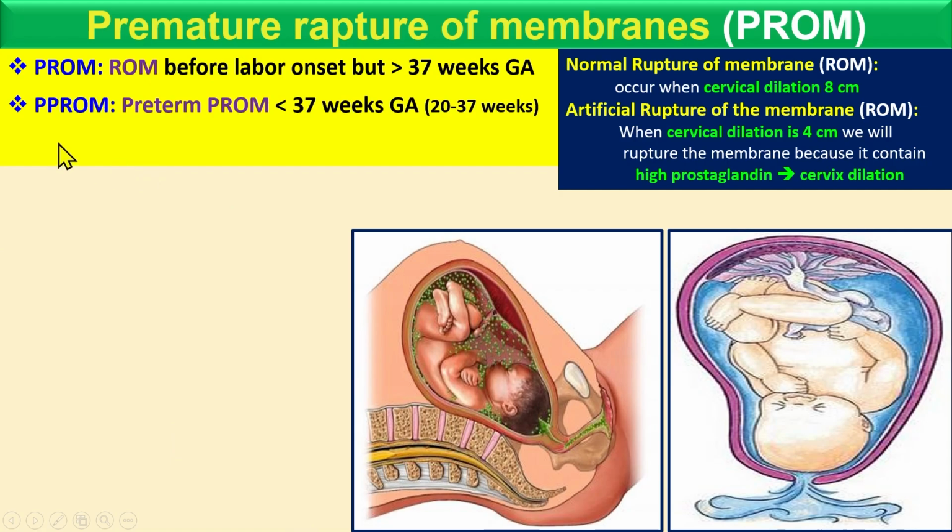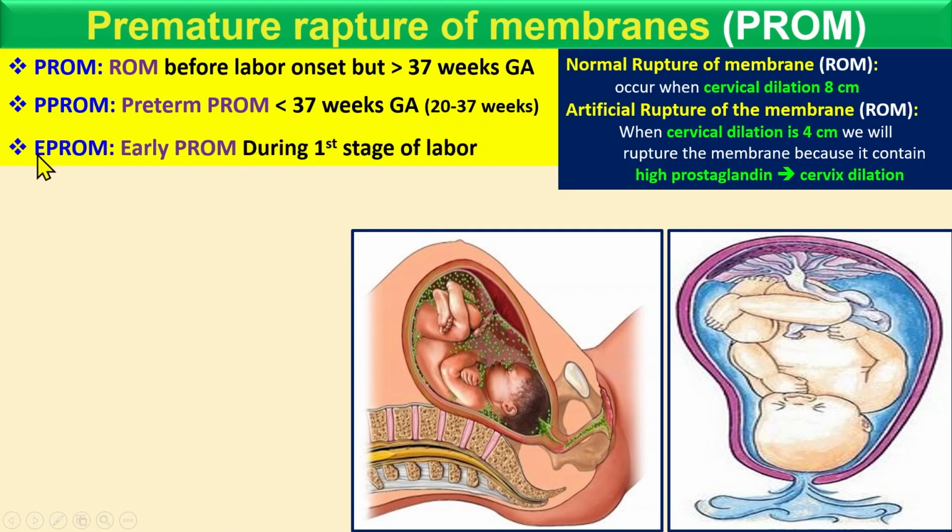There is another term, which is PPROM, meaning preterm premature rupture of membrane, meaning there is a rupture of membrane before 37 weeks. After 37 weeks, it's PROM, but if before 37 weeks, it's preterm. Okay, so between 20 to 37 weeks.